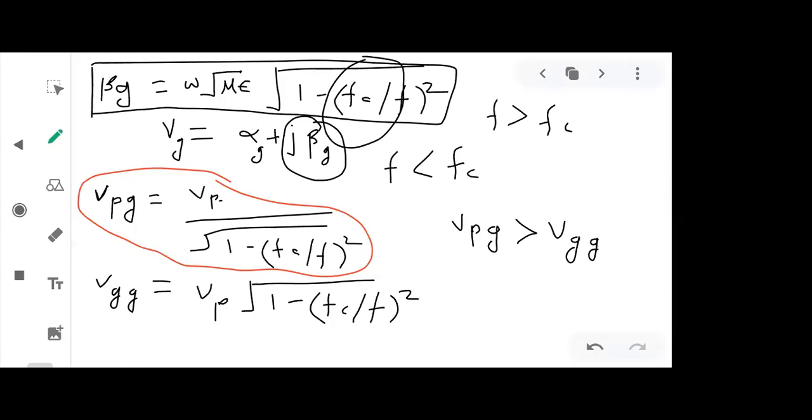Okay, thank you, sir. So it is phase velocity in unbounded medium divided by root of 1 minus Fc by F the whole square. So you can see here on the right hand side I have written that the phase velocity inside a waveguide will be larger than the group velocity, and it can be larger than the speed of light.